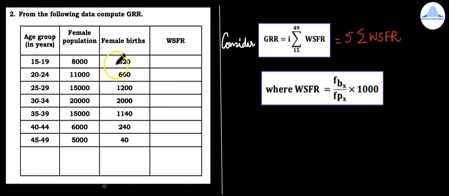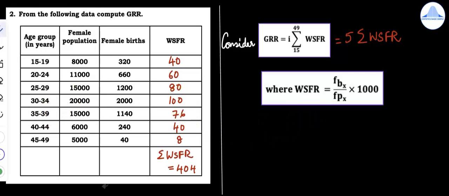Now let us form the column WSFR in the table. So it is 320 divided by 8000 into 1000. So you get 40. Similarly, the next value is 60. Then we get 80, 100, 76, 40 and 8. Now find out the total. So summation WSFR is equal to 404.